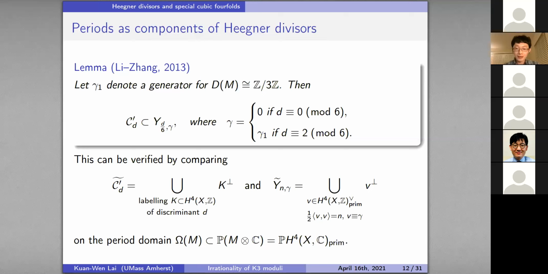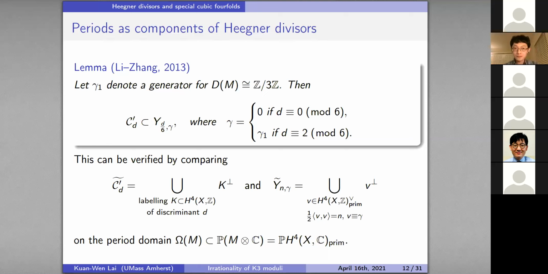The idea is quite simple, and this can be computed very explicitly, and then it will give you the above result. So in particular, to estimate the degree of irrationality of CD prime, this problem turns into the problem of estimating the degree of irrationality of these Heegner divisors.